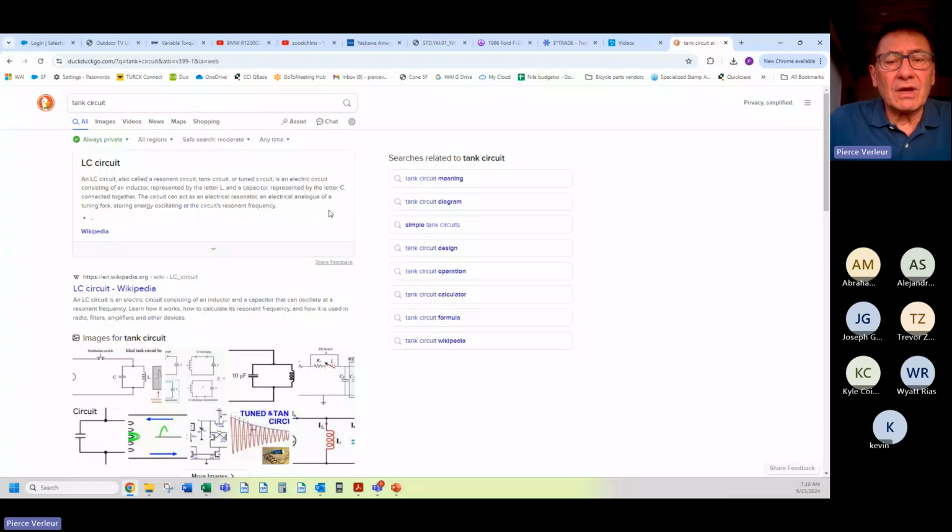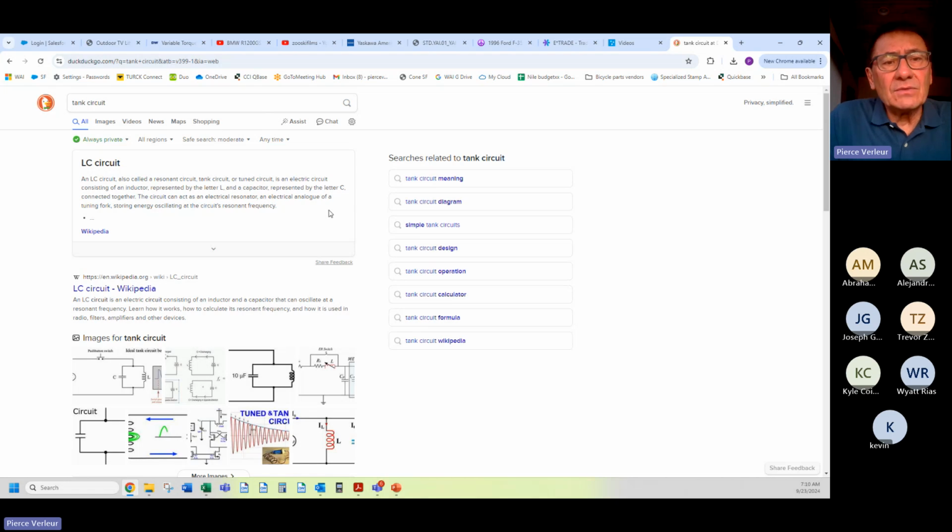Not so much on your Scout drive, because we fault trip before component failure, but on some of the less expensive drives, you'll blow an output transistor. So there's no capacitor per se on the output of the drive, but there is capacitance in the cables as well. So the tank circuit is an inductive capacitance circuit.